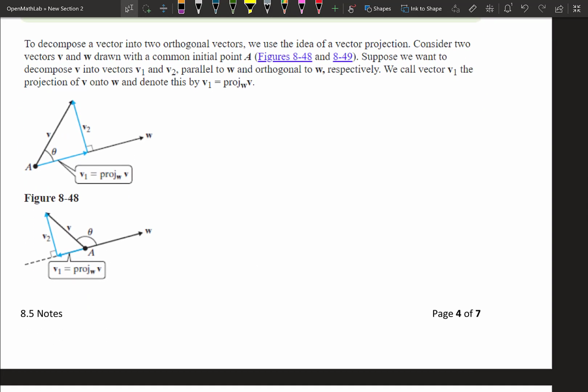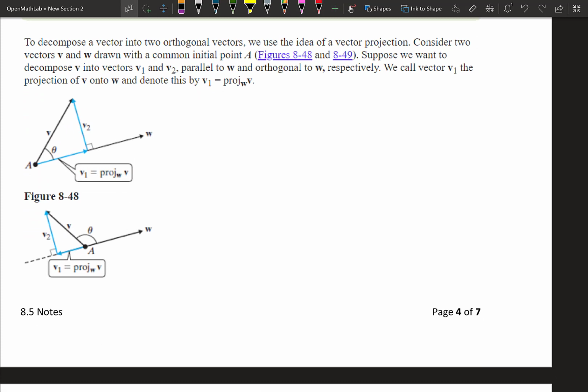So then this is just another statement from the text. To decompose a vector into two orthogonal vectors, we use the idea of a vector projection. So consider the two vectors v and w drawn with a common initial point A. Suppose we want to decompose v into vectors v1 and v2 that are parallel to w and orthogonal to w respectively. We call vector v1 the projection of v onto w and denote v1 by projection of v onto w.